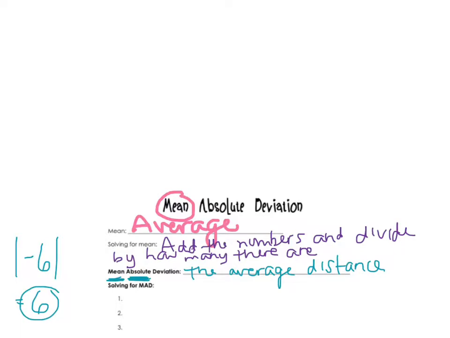So mean absolute deviation is the average distance of each point to the mean.